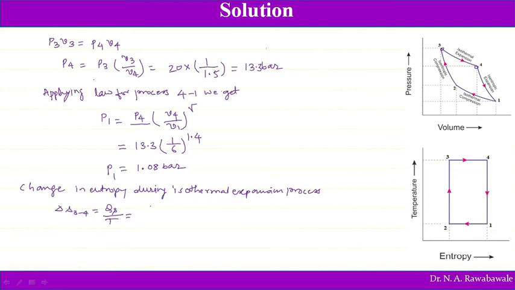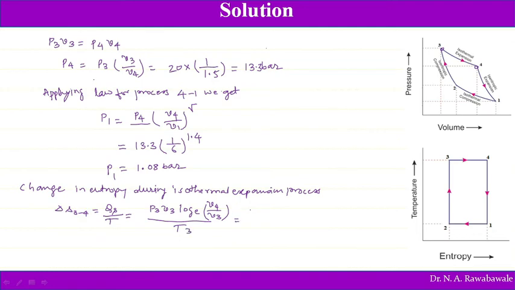So heat supplied is given by P3 V3 log to the base e of V4 divided by V3, whole divided by T, where temperature is T3.